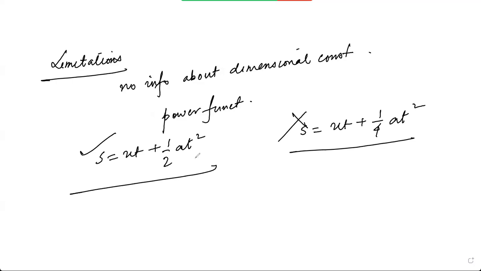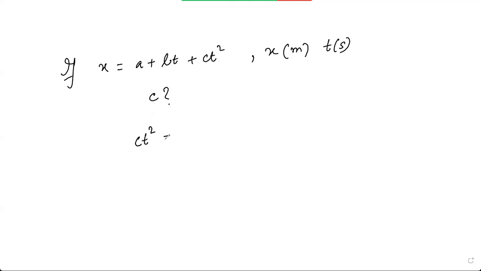Okay, let us solve a numerical problem. If x equals a plus bt plus ct square, where x is in meter and t in second, what is the unit of c? Applying the principle of homogeneity, we can write ct square equals L, or c equals L T to the power minus 2.